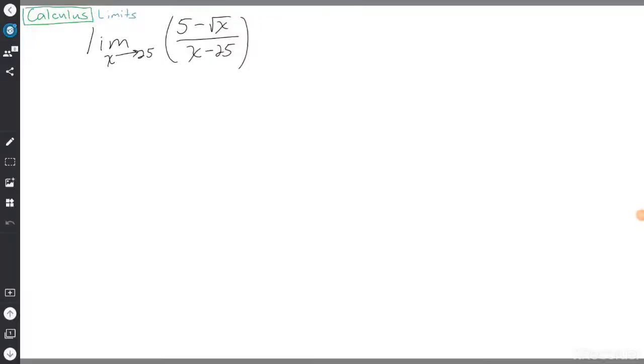Limits. Limits in calculus are just like, I guess you can say, limits in life. If you have a grocery budget, for example, that you want to only spend $25 this week for groceries, that would be your limit.